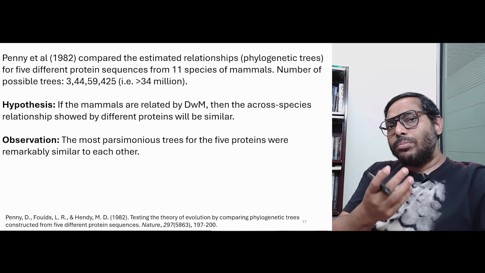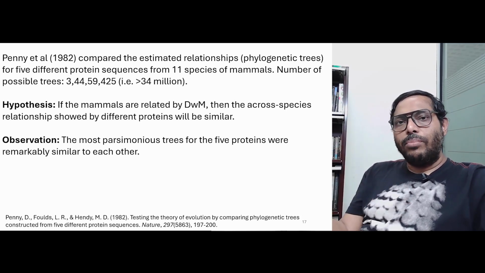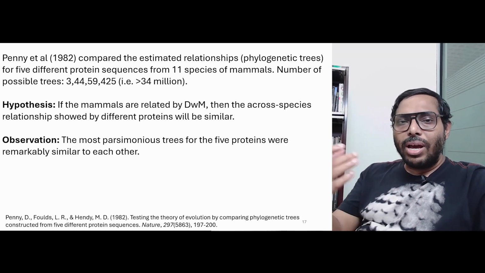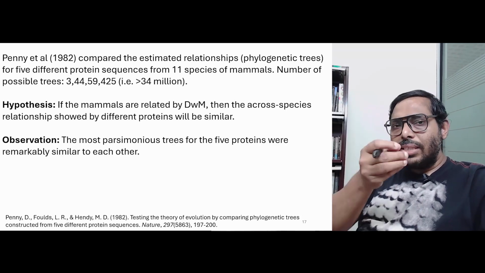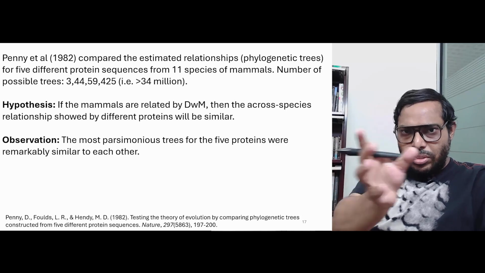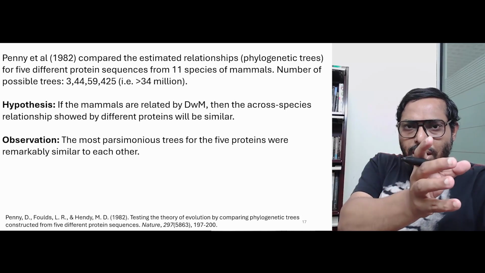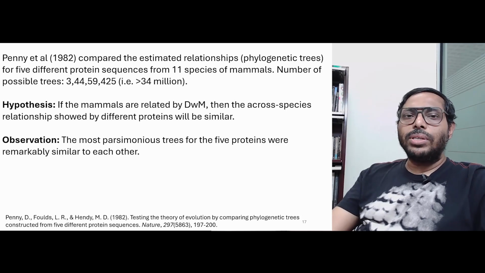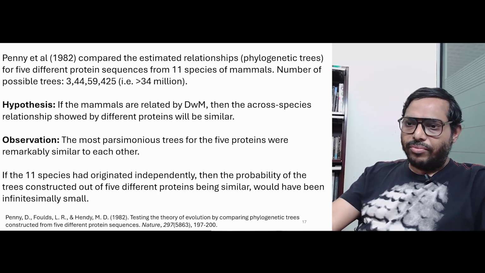When we look at the most parsimonious trees for each one of the 5 proteins, we find that they are remarkably similar to each other, and the major relationships, which mammals are clustering with each other and which are clustering away from each other, are actually remarkably conserved.